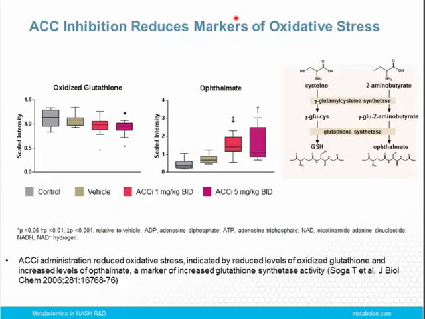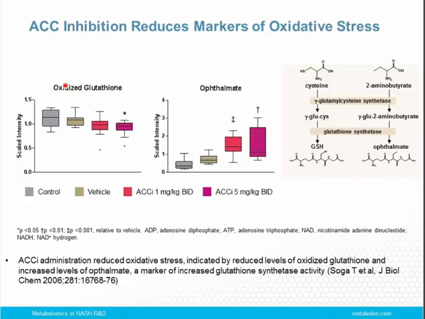More interesting to us is that these changes were all occurring in what appears to be a state of less redox stress. So markers of oxidative stress include glutathione, which can be oxidized or reduced. And the reduced form is actually pretty difficult to measure accurately.